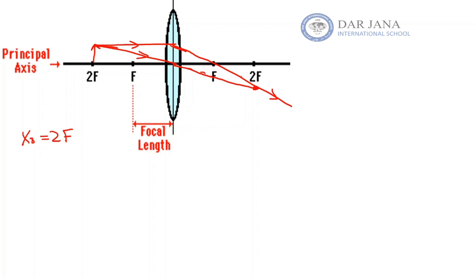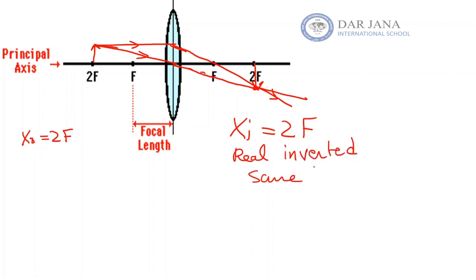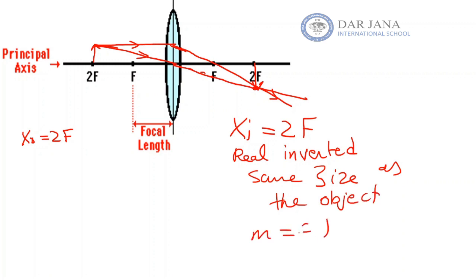As you see, here is the intersection. We also get the image XI exactly at 2F, and it is real, inverted, and the same size as the object. That's a special case. The magnification is exactly -1, it's inverted, and it's not magnified. So this is a special case.